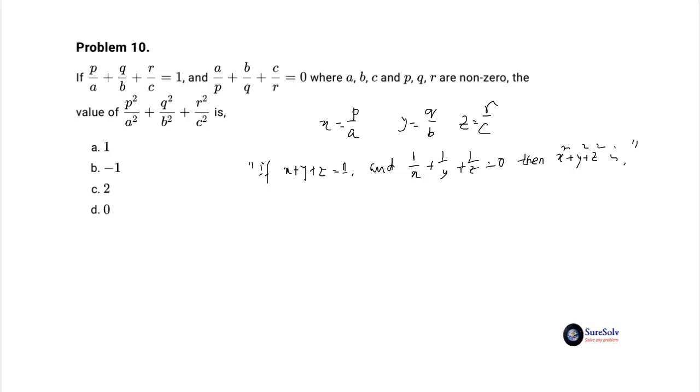From the second equation, adding up the three terms, we get (xy plus yz plus zx) divided by xyz equal to 0, or xy plus yz plus zx equal to 0.